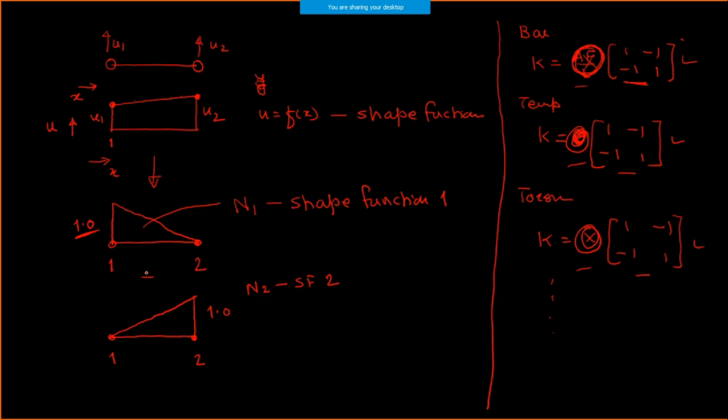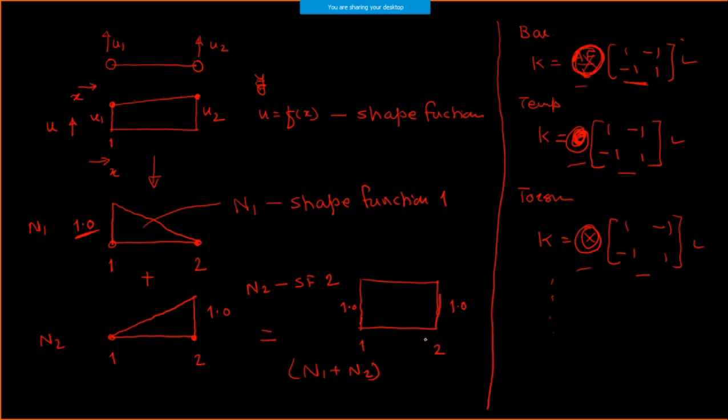So this is my n1, this is my n2. If I add these two, I'll get another one. I can sum both the functions, which means ultimately I am getting n1 plus n2. Ultimately I'll get a shape function like this. So this is my unit displacement for this, this is also unit displacement for this, and I'm getting a shape function in this fashion.